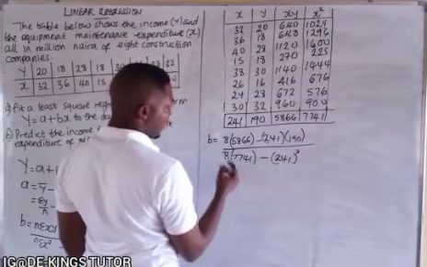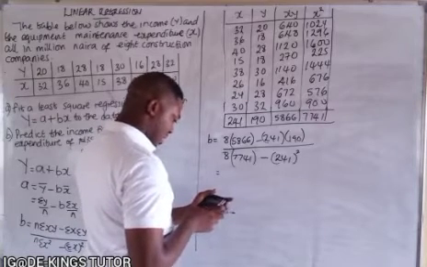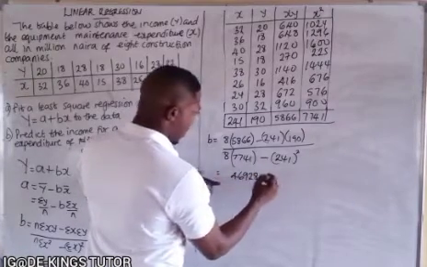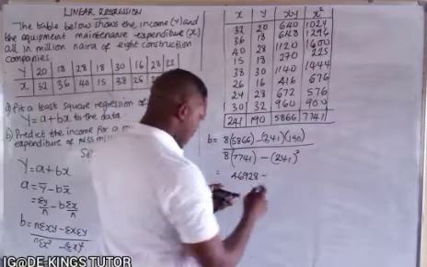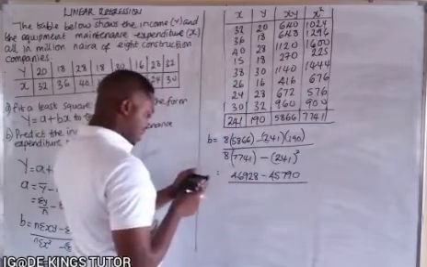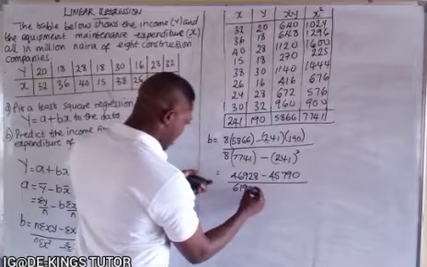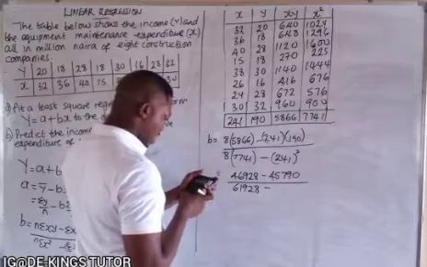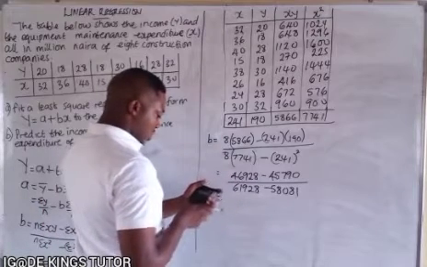So if we do that, we have 8 times 5866, which is 46928, minus 241 times 190, which is 45790, all divided by 8 times 7741, which is 61928, minus 241 squared, which is 58081.